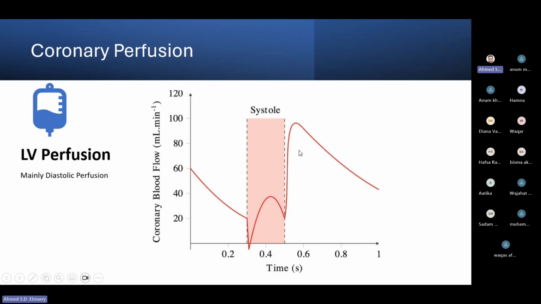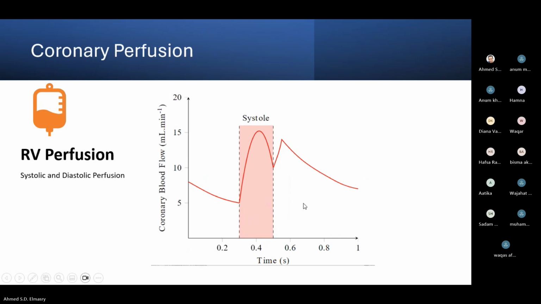So if you want to increase the coronary perfusion for a patient through the intra-aortic balloon, you should increase the time for the diastole, and also you should increase the pressure during the diastole by augmentation of the blood pressure through the intra-aortic balloon.